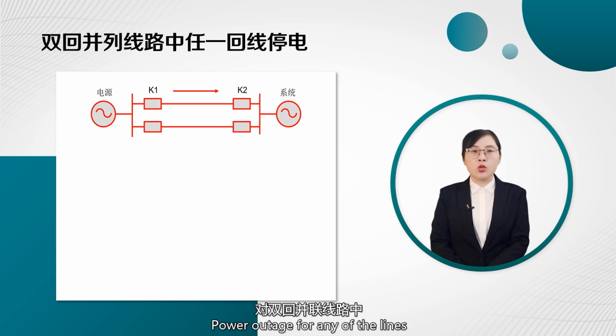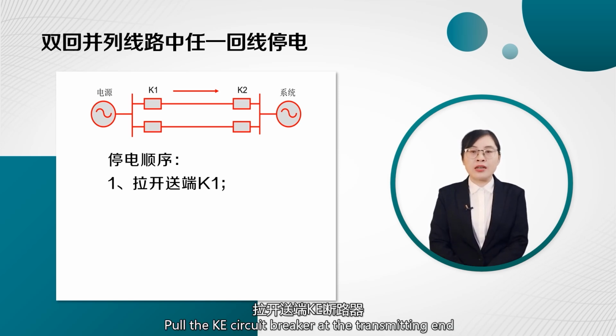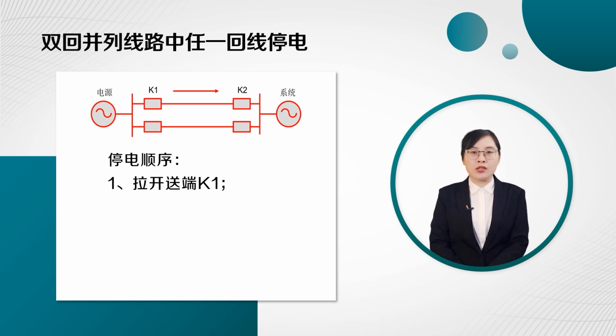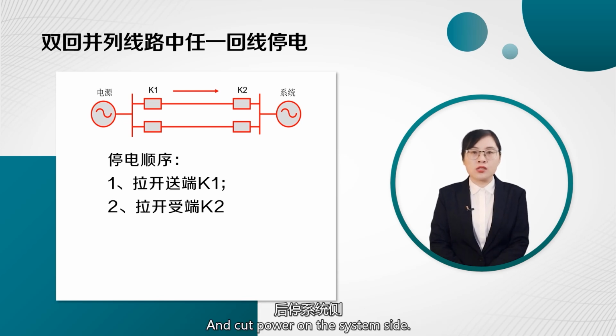Power outage for any of the lines in the double circuit parallel line as shown in the figure. The order of power outage is as follows. Step 1. Open the K1 circuit breaker at the transmitting end and cut power on the plant side first. Step 2. Open the K2 circuit breaker at the receiving end and cut power on the system side.